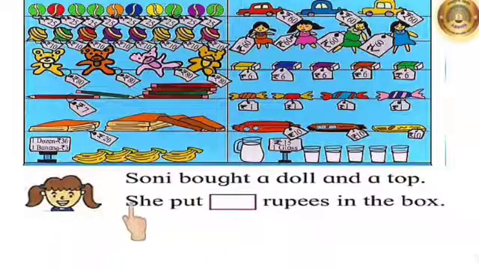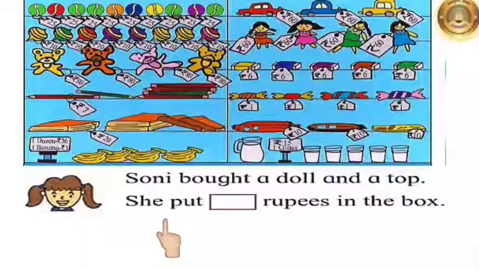Then Sony came. Sony bought a doll and a top. And then, yes, we have to calculate their total price. Then what is the cost of a doll? Yes, 60 rupees each.